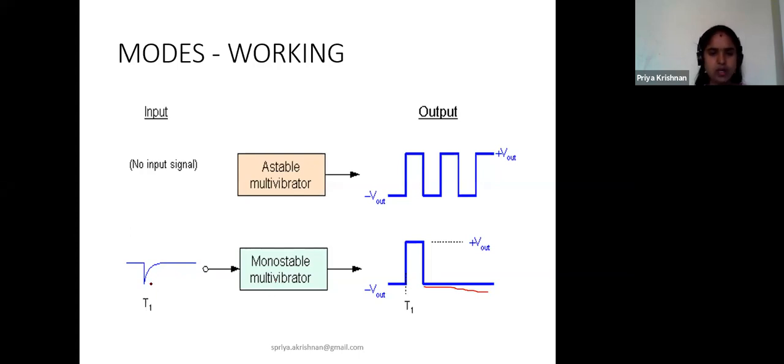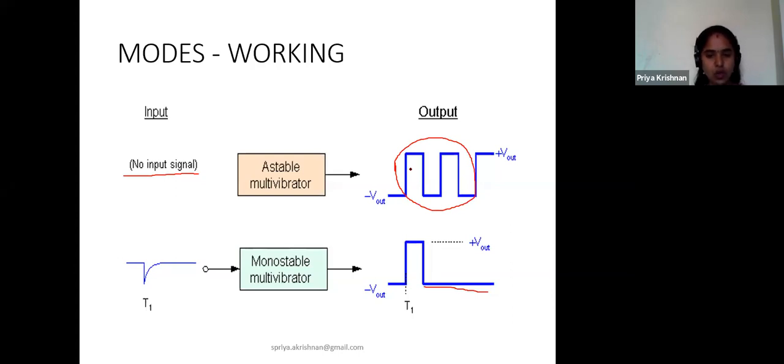Monostable multivibrator always needs a trigger to activate it. But astable multivibrator needs no trigger. It will keep on releasing on-off signals: on, off, on, off, on, off. It will keep on releasing the on-off pulses.